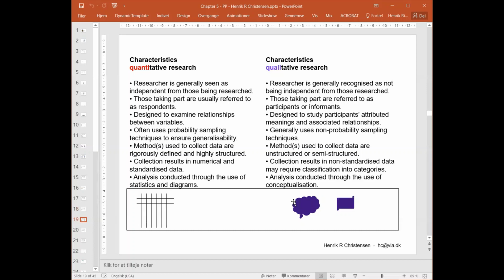Then the analysis conducted is about using statistics and diagrams, like mentioned before. And over here for qualitative research, the analysis is very much about conceptualization, meaning trying to find patterns in what we see.